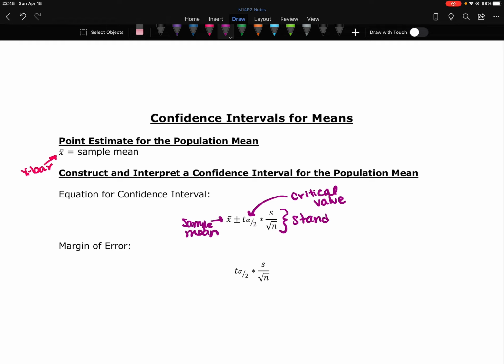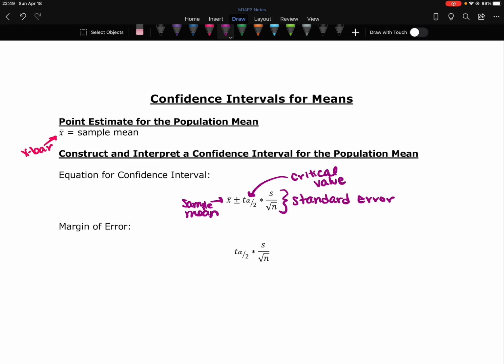And this is the standard error using s instead of sigma, because if we don't know what mu is, the population mean, we're not going to know what sigma is, the population standard deviation. And that's why it's a t-score and not a z-score as well. So sample mean plus and minus the critical value times the standard error.